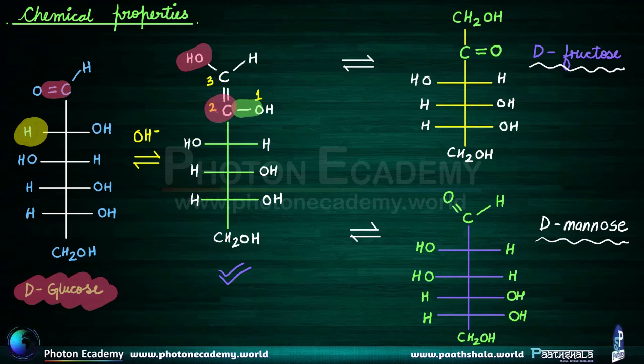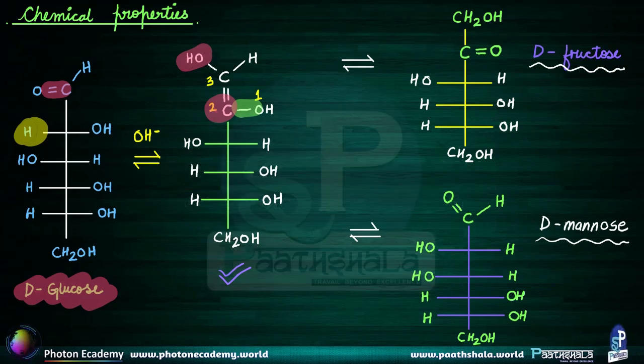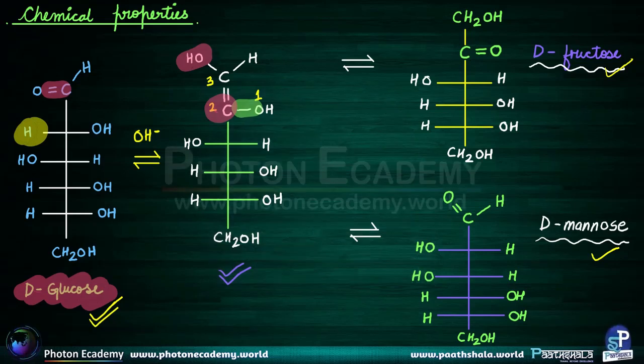Okay. So D-glucose and D-fructose are tautomers of each other, and D-mannose and D-glucose are also tautomers of each other, and they're also epimers of each other because they're only differing at the positioning of this C1, only differing at the placement of OH on the left and the right respectively.